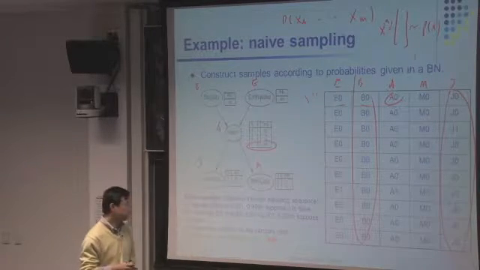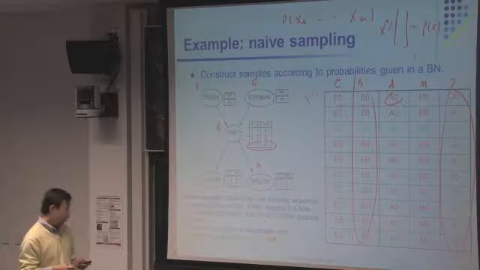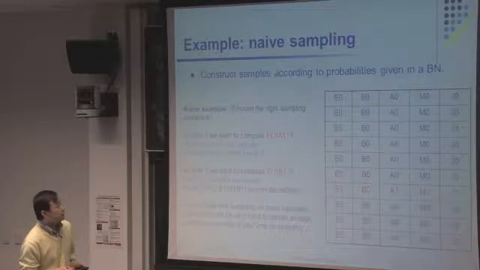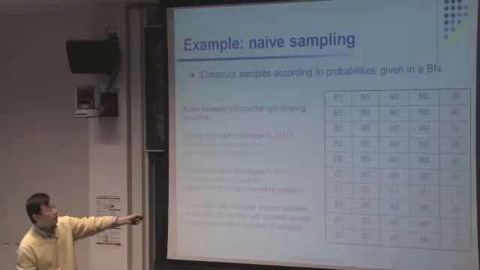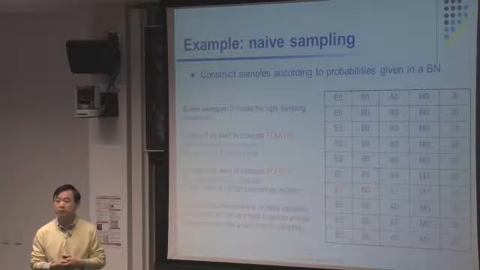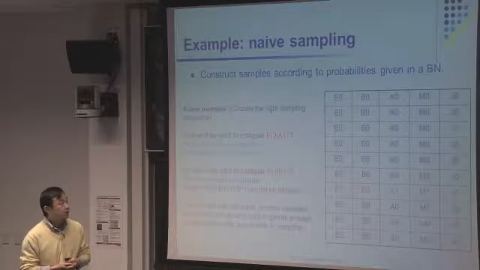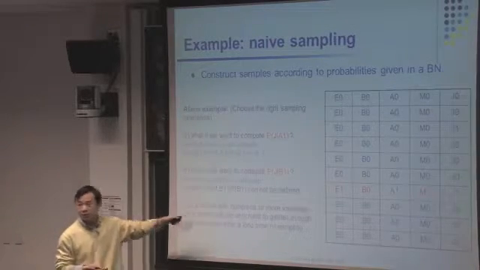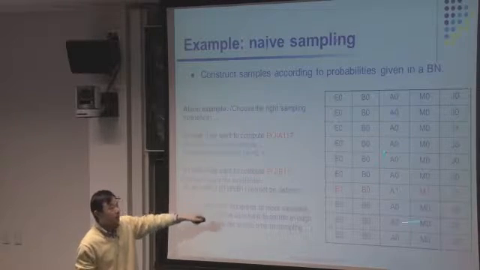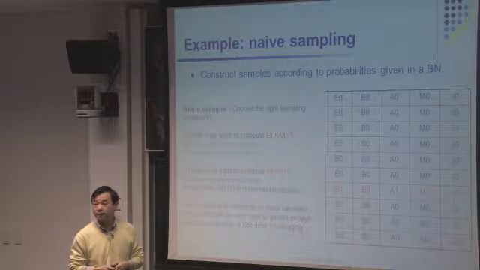Right? So pretty good. Now, suppose I want to do the other calculation. For example, I want to ask the probability of J given A equals 1. What should you do? All right, you use the same strategy. You're going to look at this table, and look for rows where A equals 1, right?